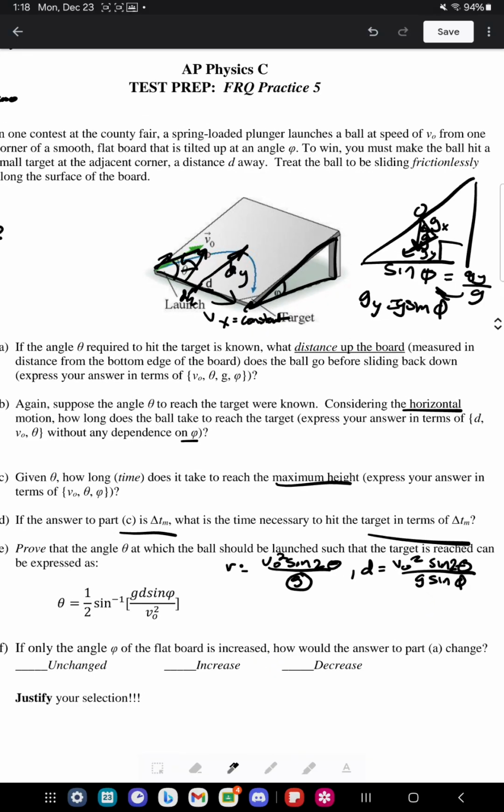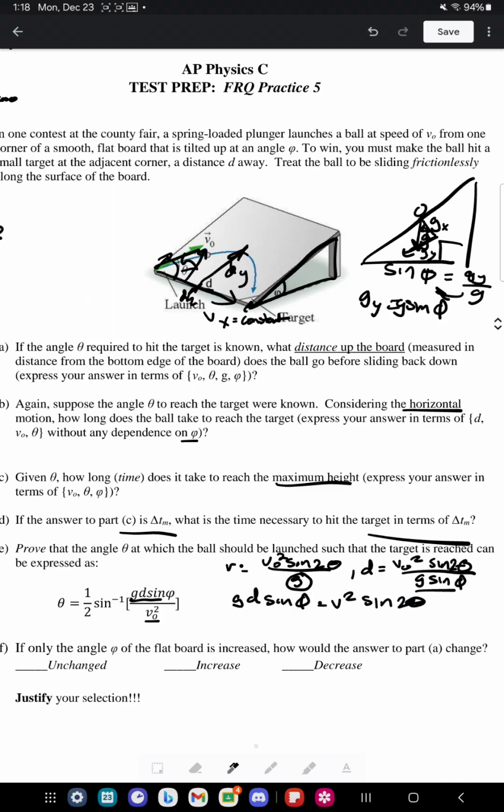So we want to get g d sine of the second theta over v squared. I'm going to multiply the g sine of the second theta over, so it's g d sine second theta equals v squared sine 2 theta.